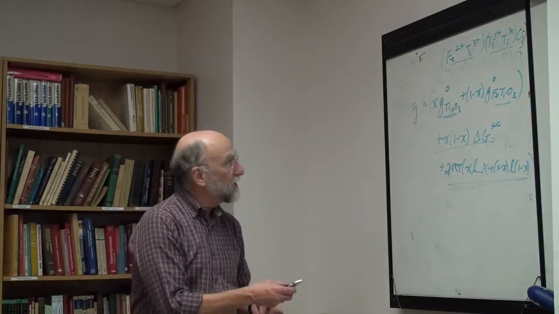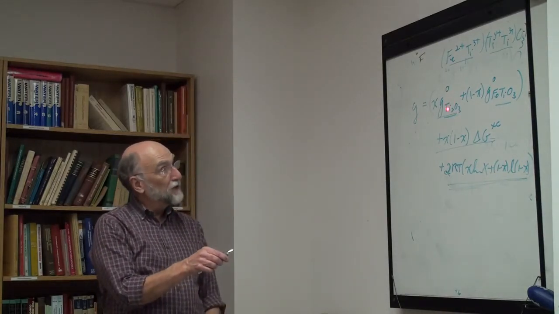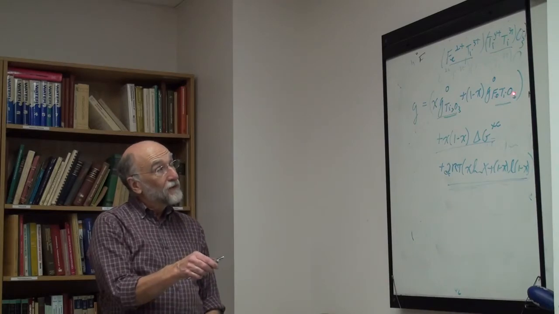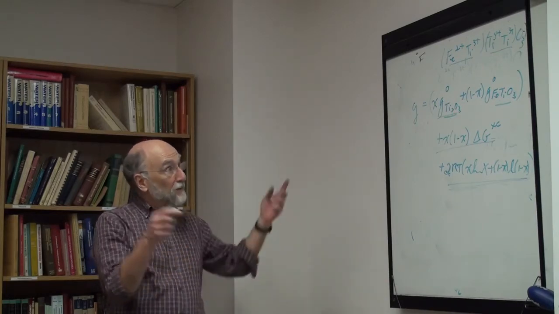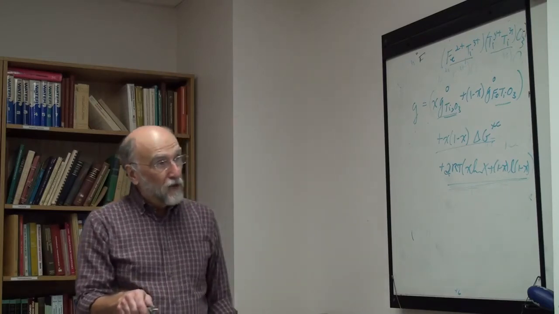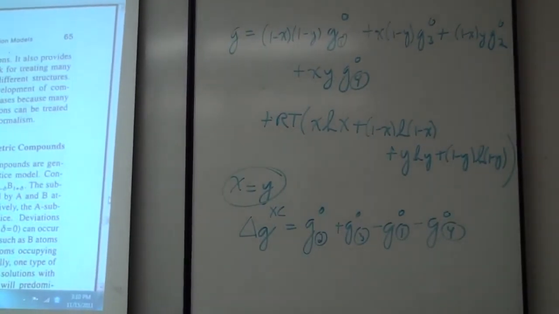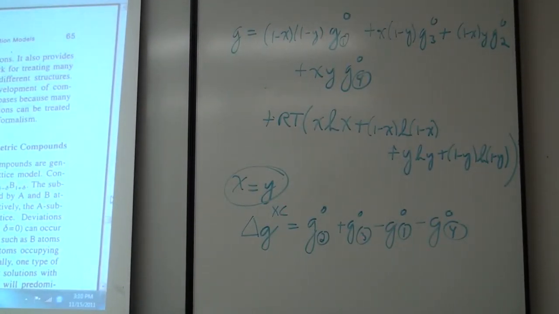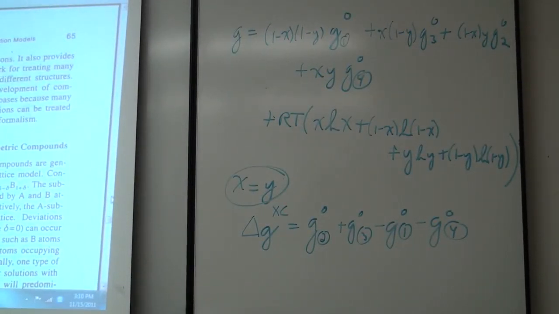Now you see that of these two parameters here, if you want G, you need to know the Gibbs energy of the pure materials, because that's your endpoint Gibbs energies. But here you have only delta G exchange. You don't actually need the individual Gibbs energies of G2 and G3, the two charged compounds. All you need is the difference. You don't actually need the Gibbs energies of the pure compounds.